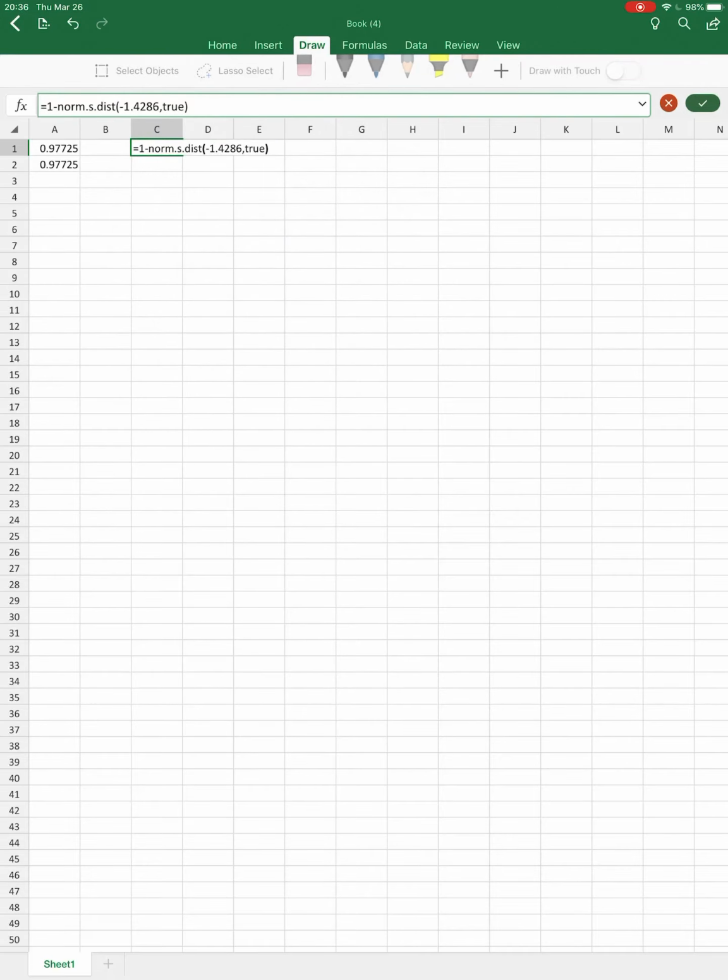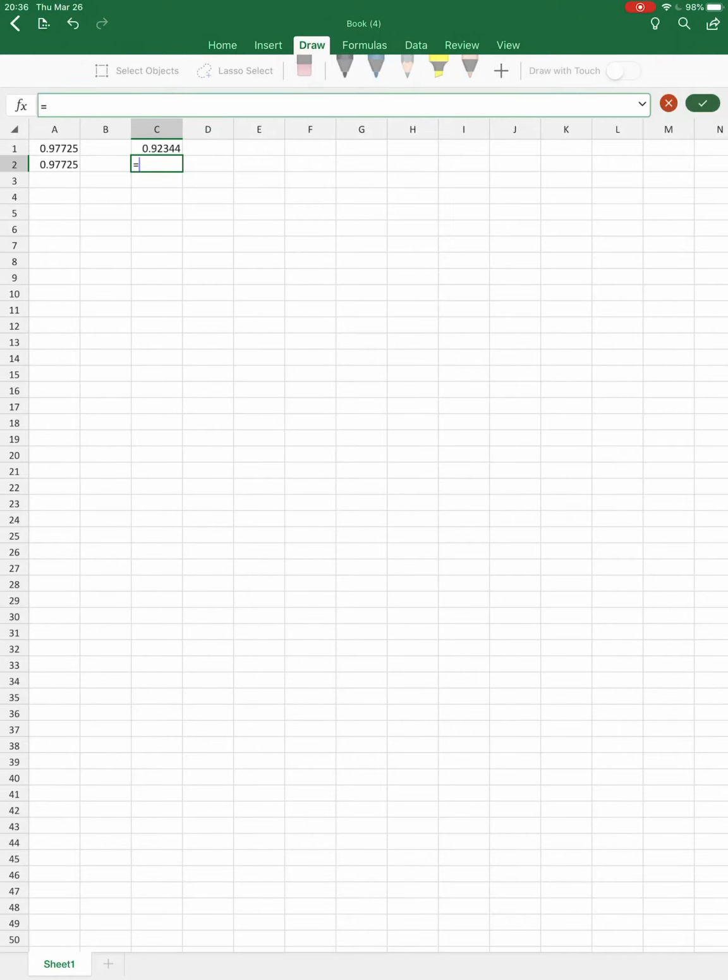The norm.s.dist of negative 1.4286, comma, true is going to give me the area to the left, the area that I had previously shaded in pink. By doing 1 minus that, it takes the complement of that pink area, which is the area in orange. So I hit enter, and I get 0.9234. This is how you can do it all in one step.